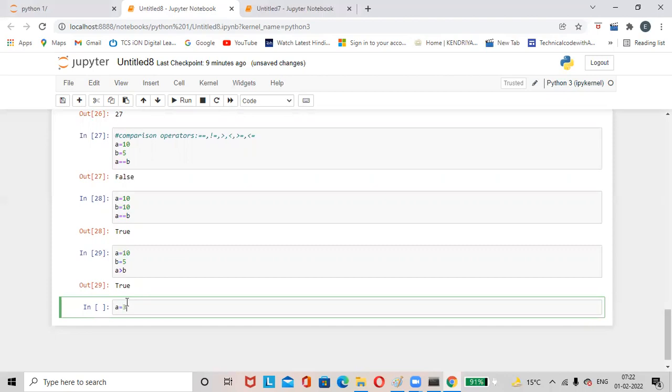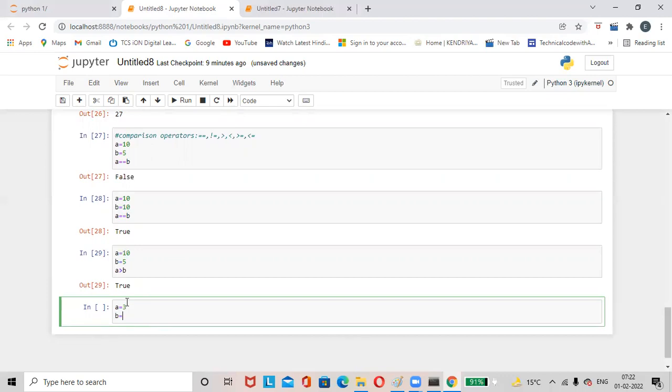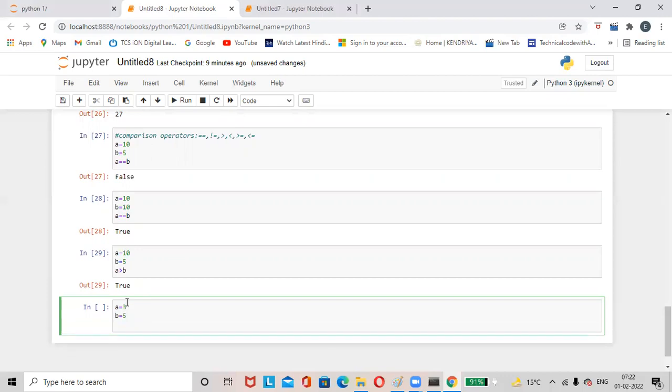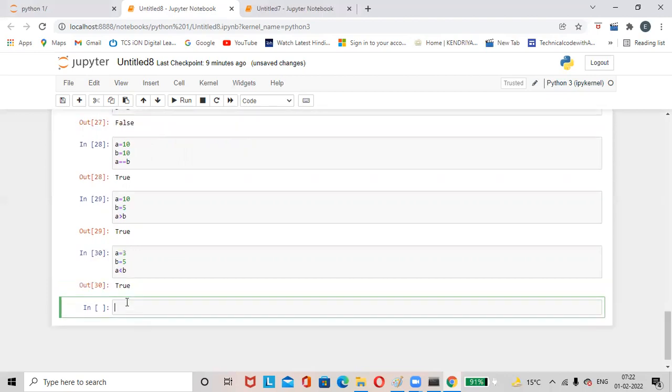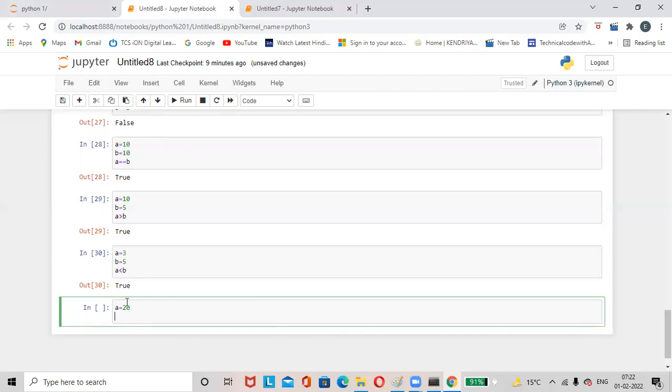A equals 3. B equals 5. A is less than B. So the result is true. Why? Because A is less than B. A equals 20, B equals 50.